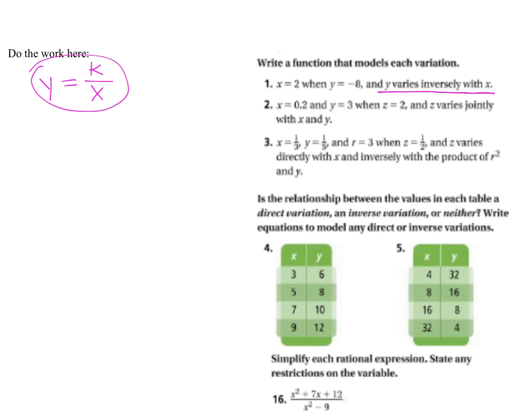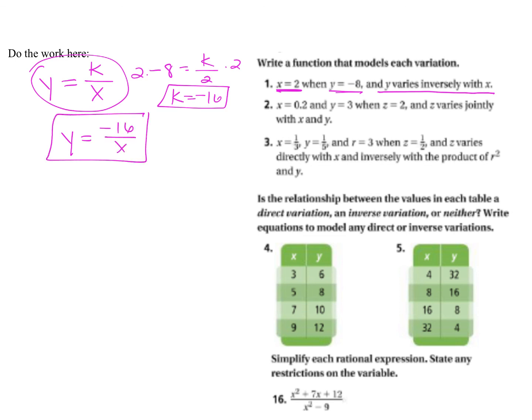So this would be your setup. Then to solve it, you would just drop these numbers in. So -8 equals k over 2, multiply by 2. So your k value is -16. So when I ask you to write a specific equation, what are you going to do? -16 over x. Yes, that would be your specific equation.